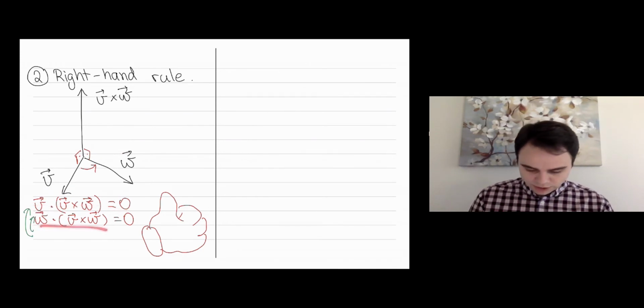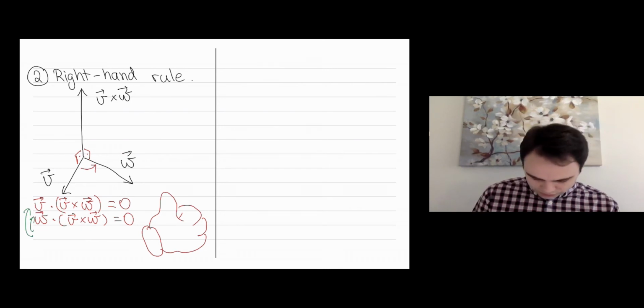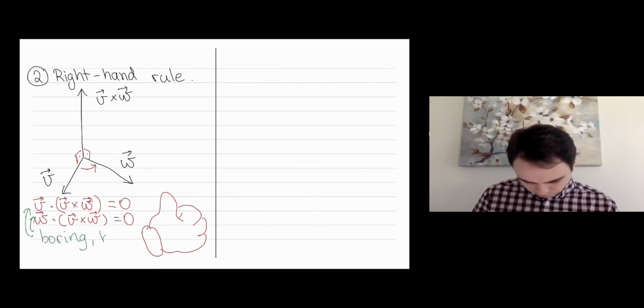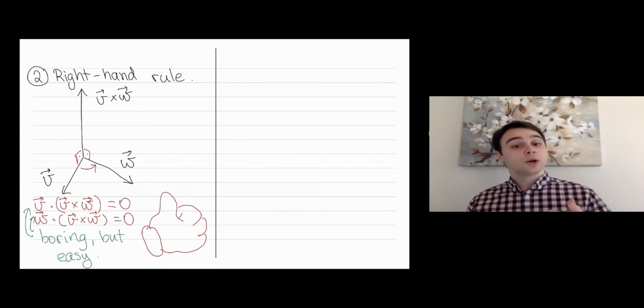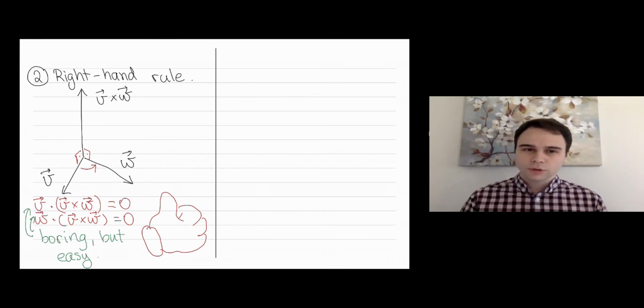And similarly for this other one. So the fact that the cross product is perpendicular to V and W is a boring but easy calculation.